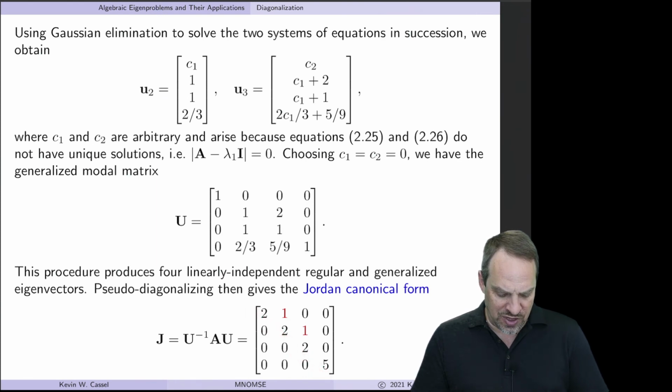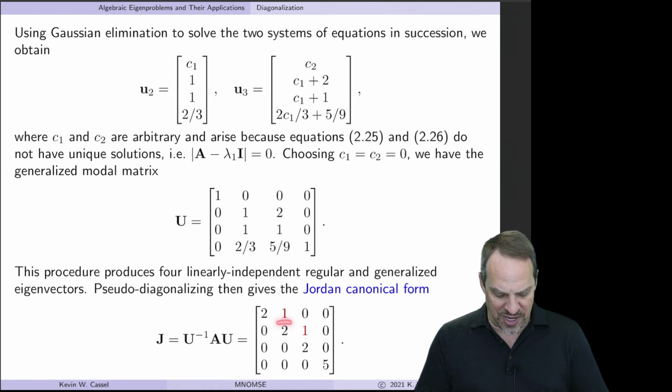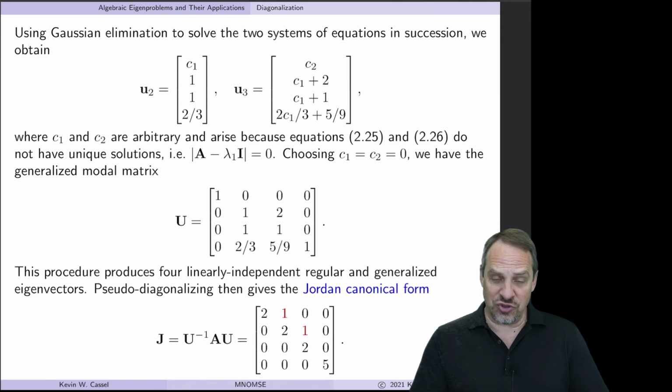And then in the elements immediately above the repeated 2's, you have either 0 or 1. In this case, both of them happen to be 1. If I so happen to get 0 and 0 for those 2 elements, then my matrix is diagonalized and we're fine. But in general, we will have a Jordan canonical form that is not a fully diagonalized matrix from this process.